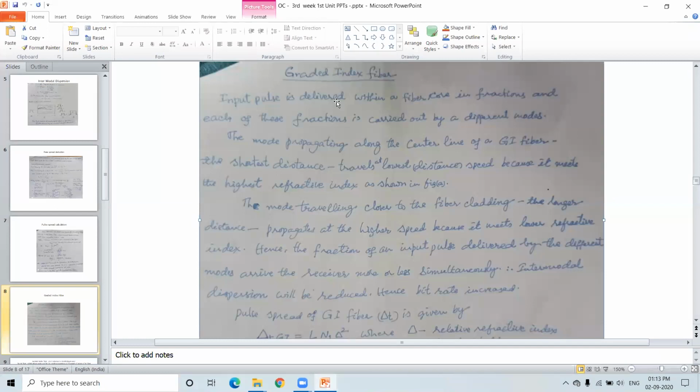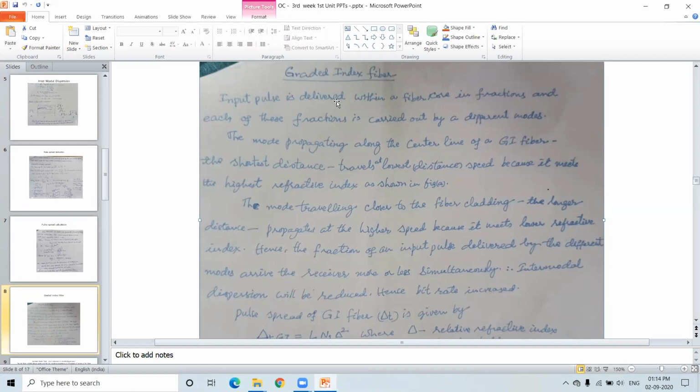So now the first solution to this is, if we make all the modes 0, 1, 2 and 3 reach the destination end of the fiber more or less at the same time, then obviously the pulse spread will be reduced.